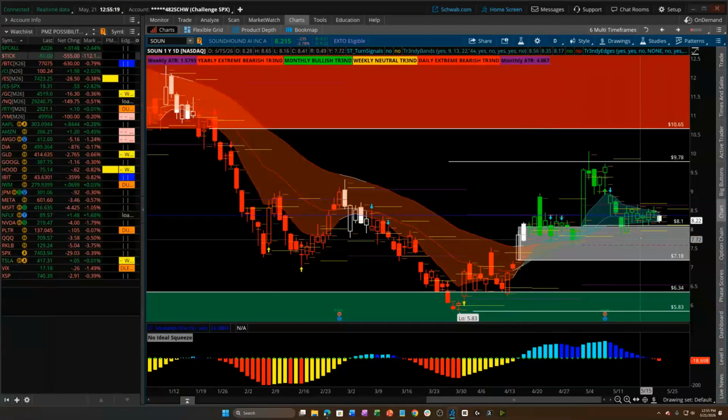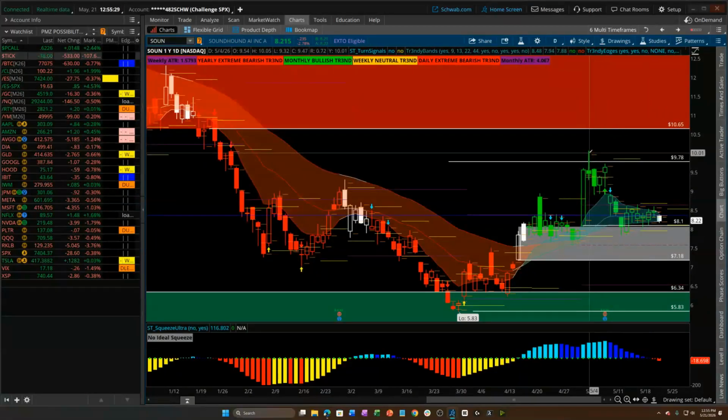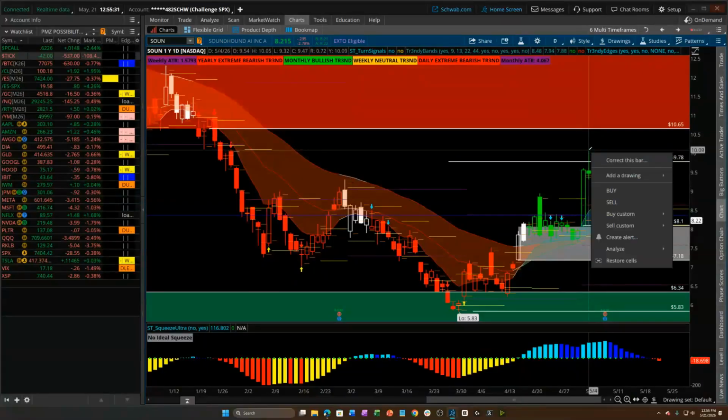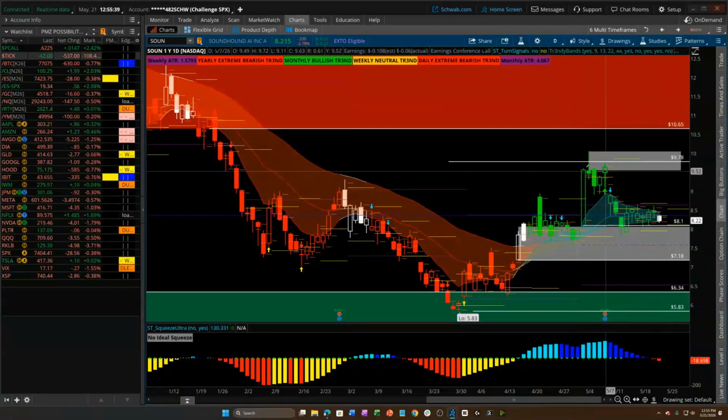So here is a more aggressive daily demand zone. Then your inside and down is right there, on the daily.